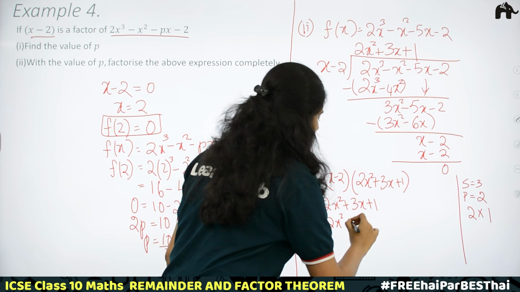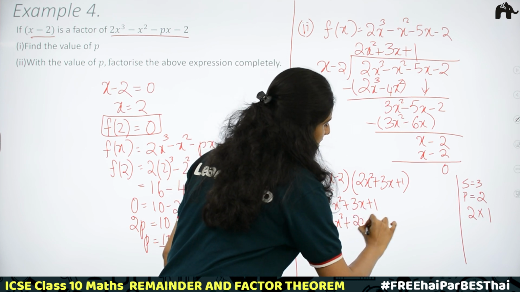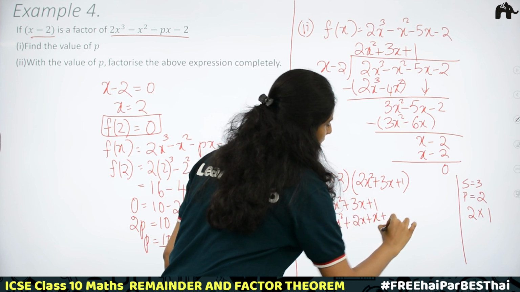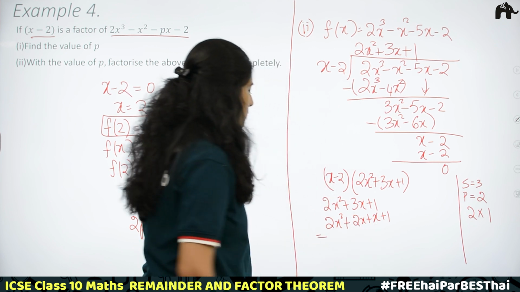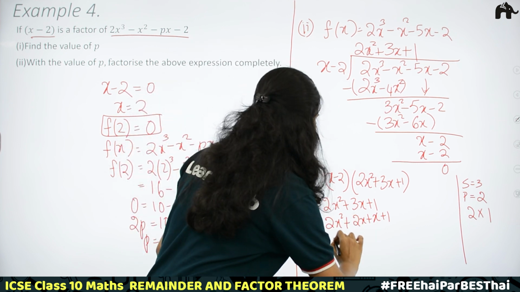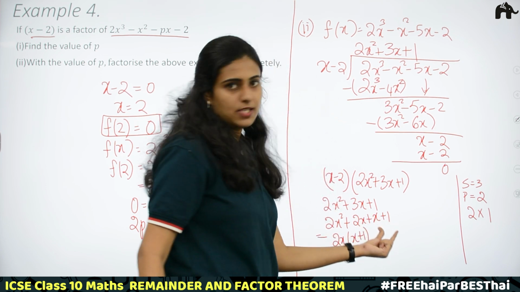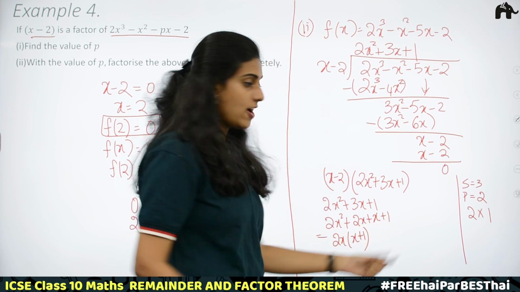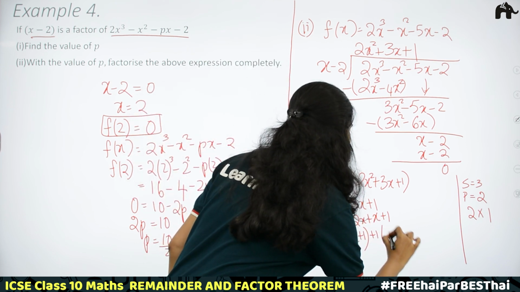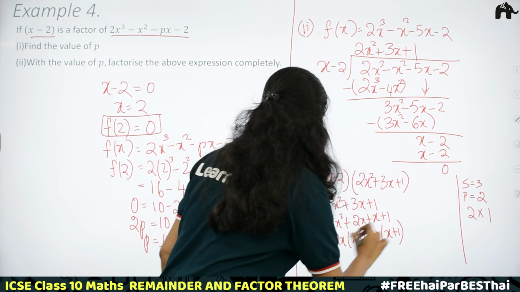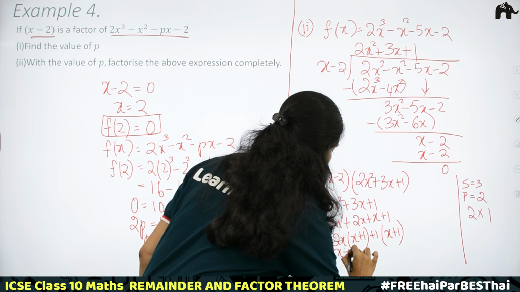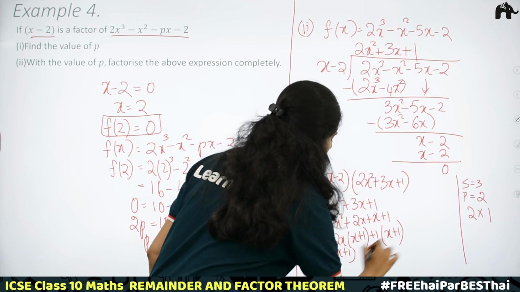We can split this middle term plus 2x plus x plus 1. That is equal to, taking common, 2x is common here. Then x plus 1. Here we have x plus 1, which means I'm multiplying with 1. Plus 1 into x plus 1. So, the factors are x plus 1 into 2x plus 1.